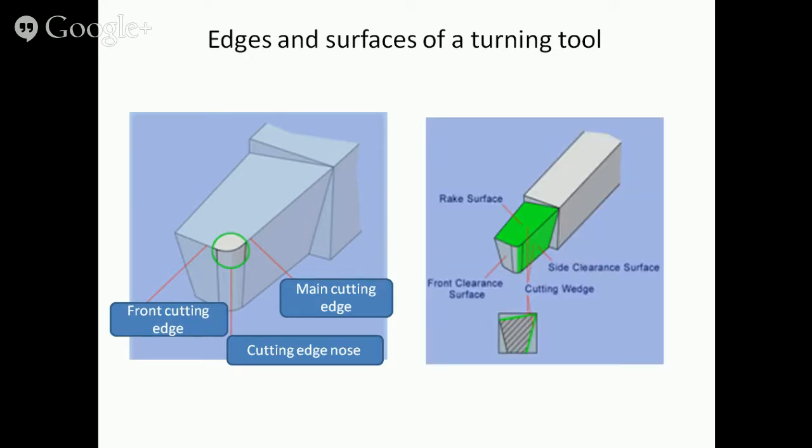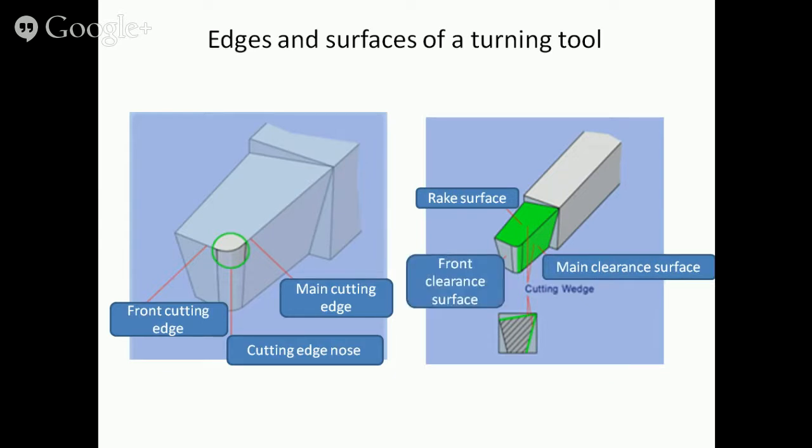There are 3 surfaces: the rake surface, on which the chip is formed, the main clearance surface, and the front clearance surface. Rake surface and main clearance surface form the cutting wedge.